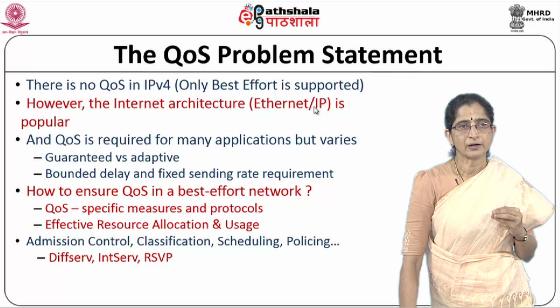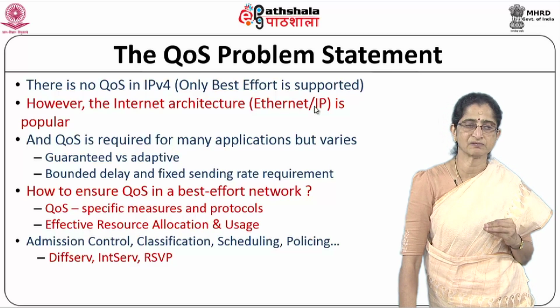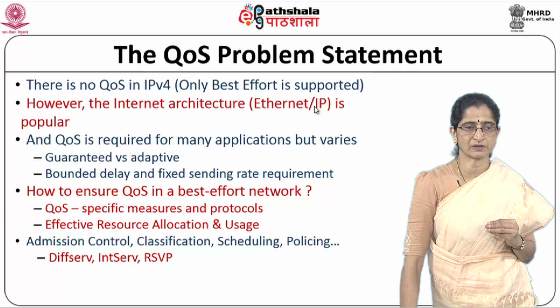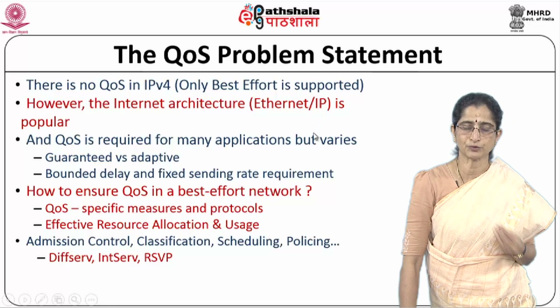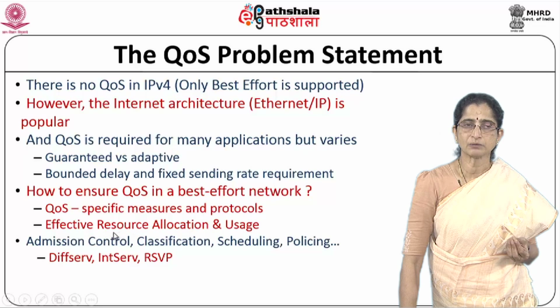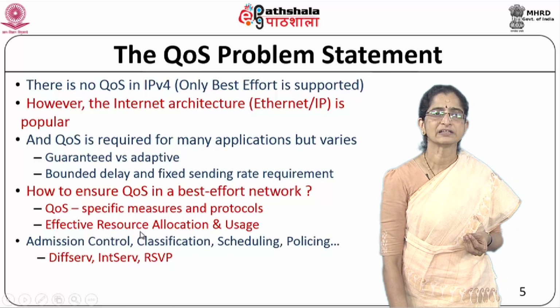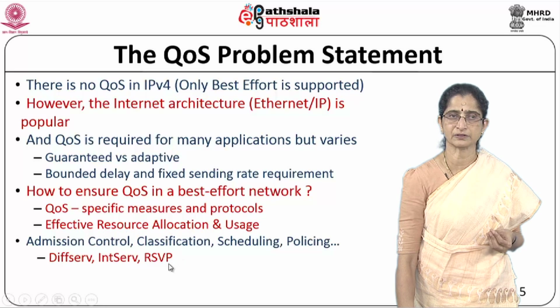We also have to make use of the resources very effectively. So you have to allocate the resources effectively and use them effectively. To do this there are a number of techniques that have been put forth. We talk about techniques like admission control, classification, scheduling, policing and so on, and different protocols that have been developed in order to support these kinds of functions.